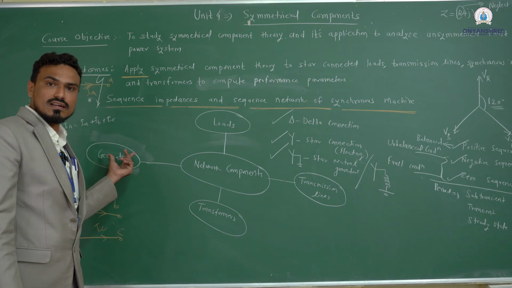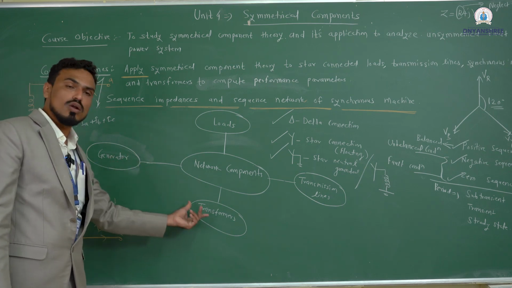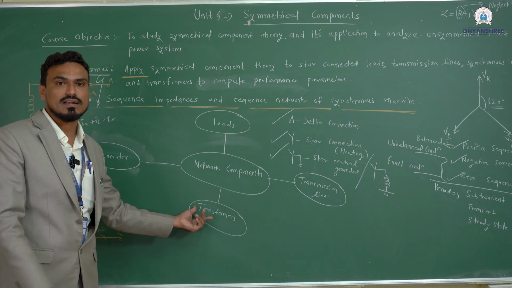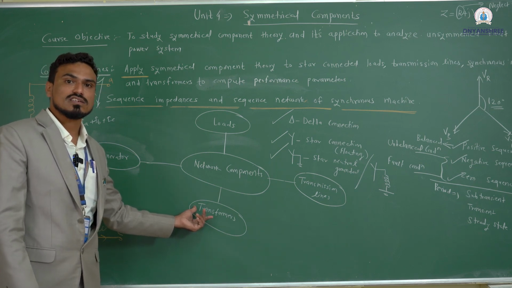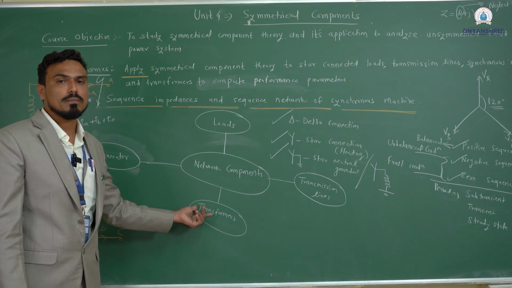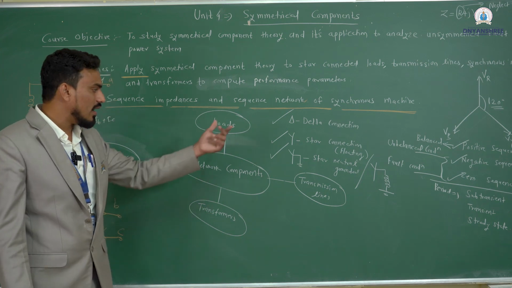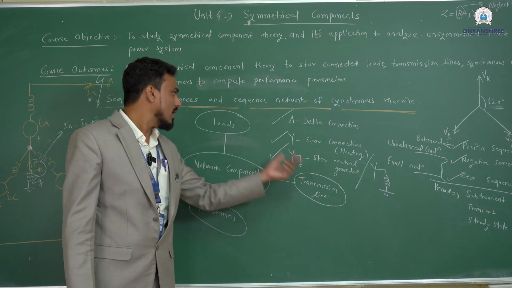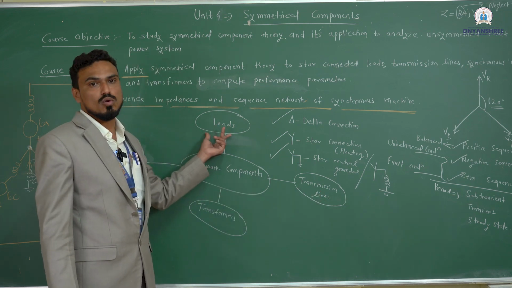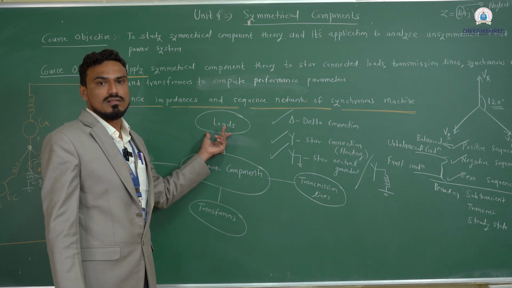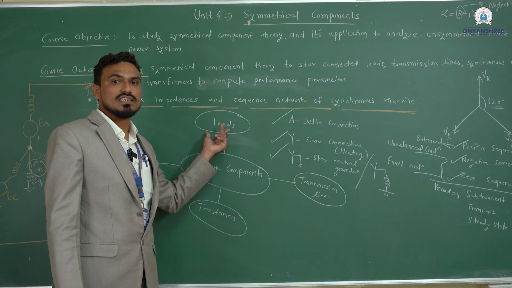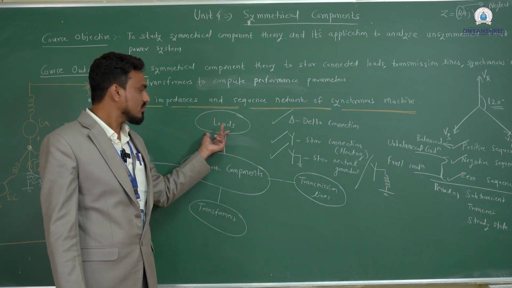The role of the generator is to generate the power, then the role of the transformer is to transfer the power from one circuit to another circuit by stepping up the voltages and keeping the power constant. The role of the transmission line is to transmit the power, and the fourth one is load, which is connected at the receiving end of the system.